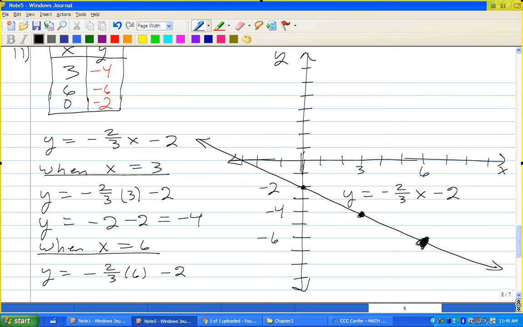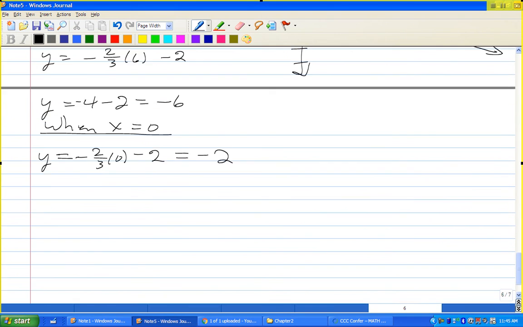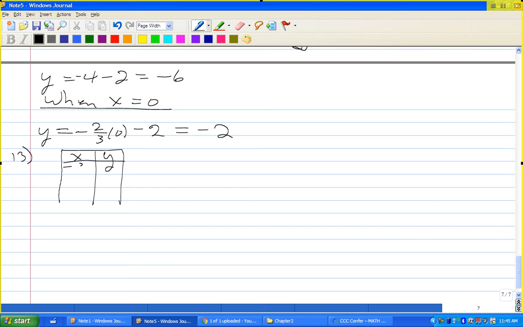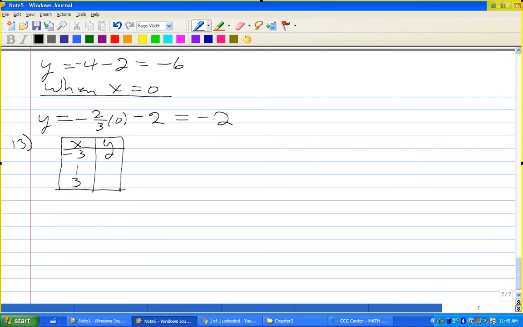Let me do problem number 13. So I have negative 3, 1, 3. I have 2x plus y equals 0.